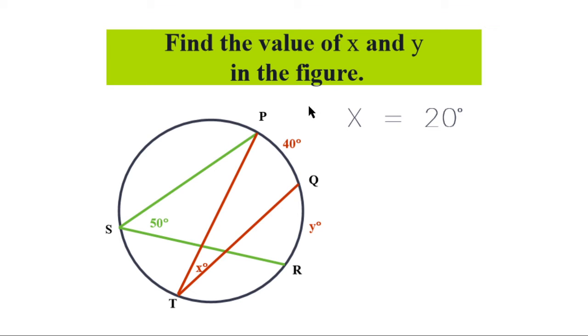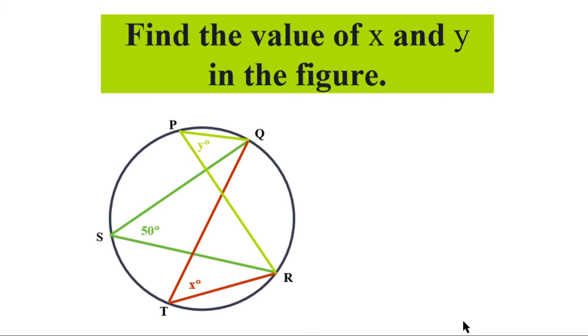But in this figure, we are given the measurement for PQ as 40 degrees. So to complete the measurement of the intercepted arc of angle PSR, which is equal to 100 degrees, if we have 40 degrees here, the remaining 60 degrees is the value of our y. Okay, so that's the value of x and y in this figure.